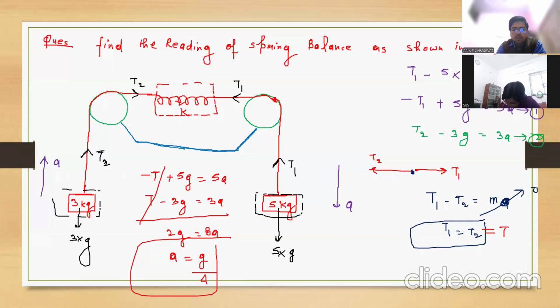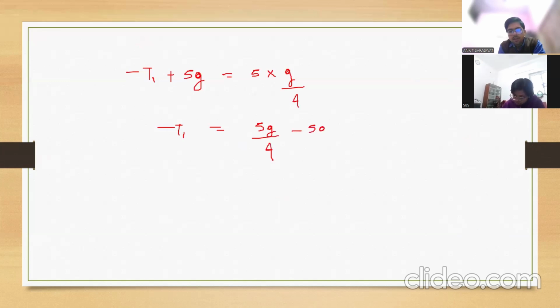If acceleration is G by 4, what is the tension? First equation, like what is the first equation? Minus T1 plus 5G is equal to 5 into A. And A is G by 4. So from here, what is the value of T1? 5G by 4 minus 5G. 5G common.